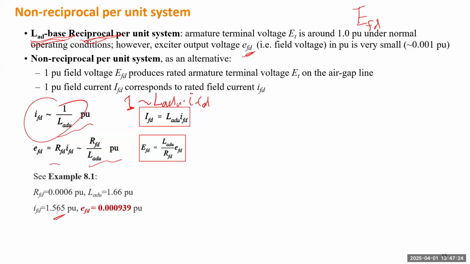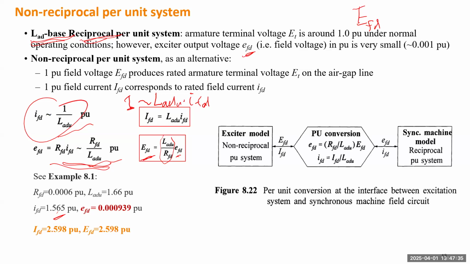Similarly, from the second equation, if we multiply the EFD by this factor, the capital EFD will be around 1. So for instance, if you do the calculation, the capital IFD and EFD will be higher than 1. Although they're not near 1, they're much better than a very small number.